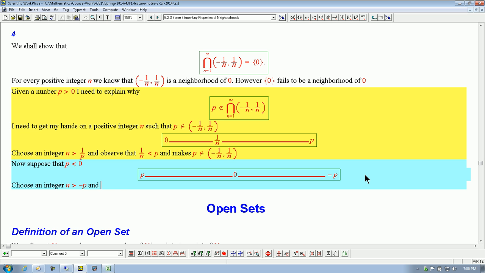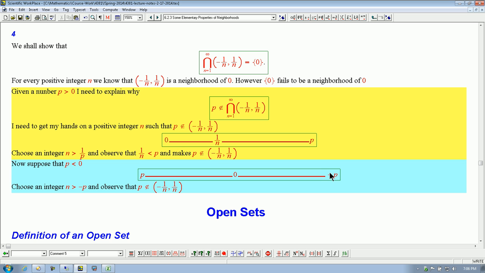And observe that p is not in. You choose an integer greater than 1 over this positive number, and then 1 over n is somewhere in there.